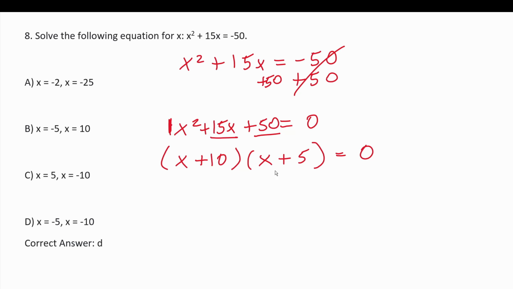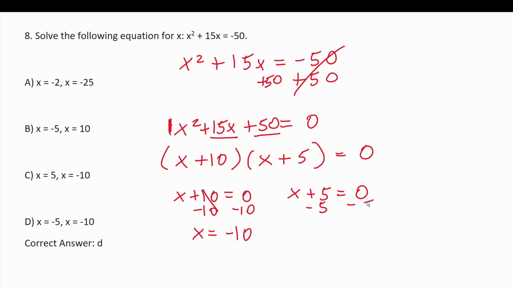And now that we've factored this one, to solve for x, we have to break these apart and set them both equal to 0 individually. So this becomes x plus 10 equals 0, and x plus 5 equals 0. To solve for x here, we're going to subtract 10 from both sides. This will cross out here, and this says x equals 0 minus 10, which is negative 10.